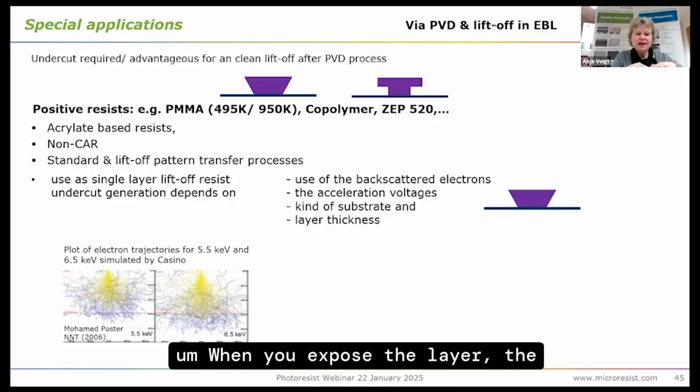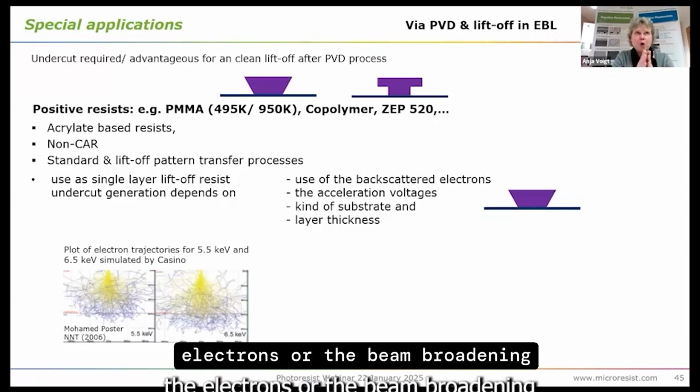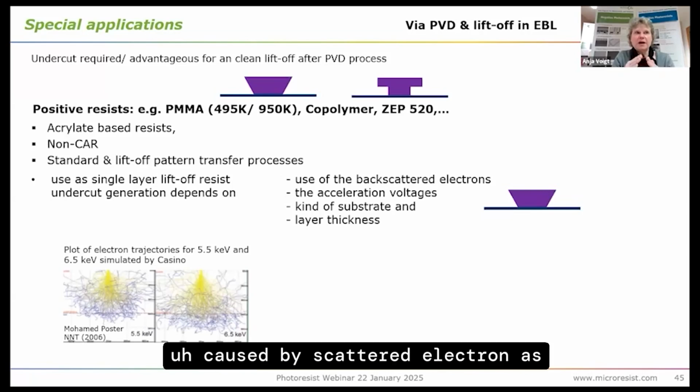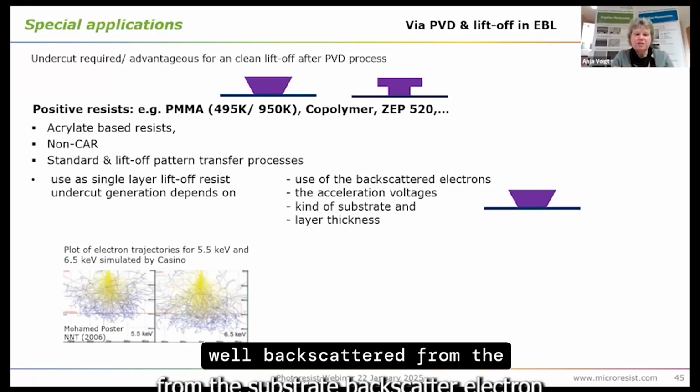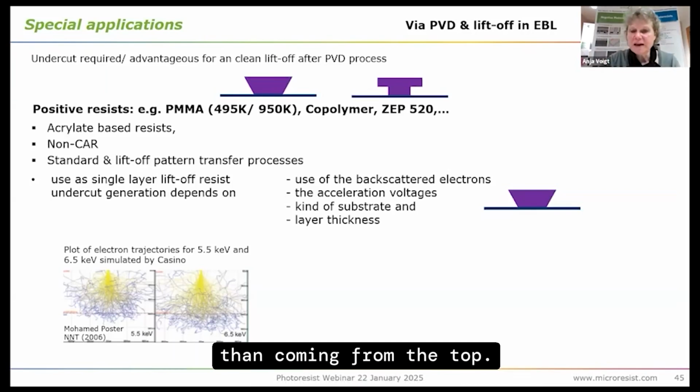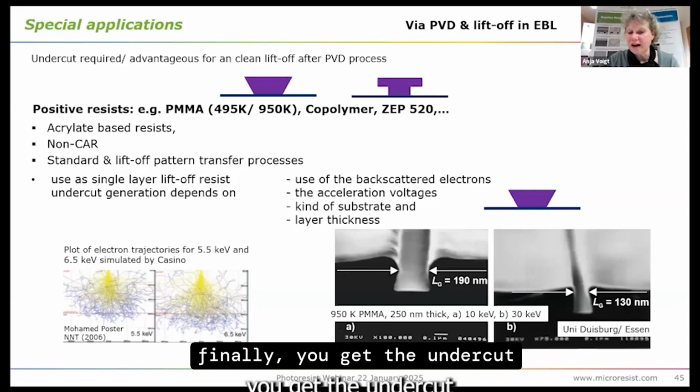When you expose the layer, beam broadening takes place, caused by scattered electrons as well as electrons backscattered from the substrate, so that a higher exposure dose is applied near the substrate than at the top. And by development, finally you get the undercut profile.